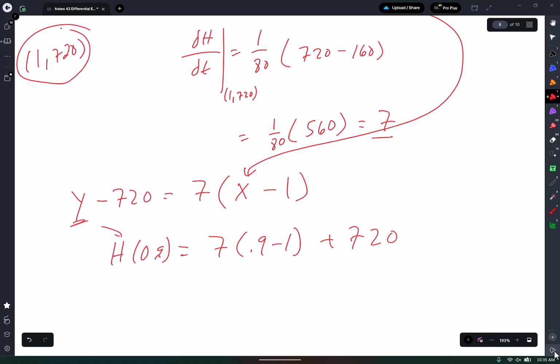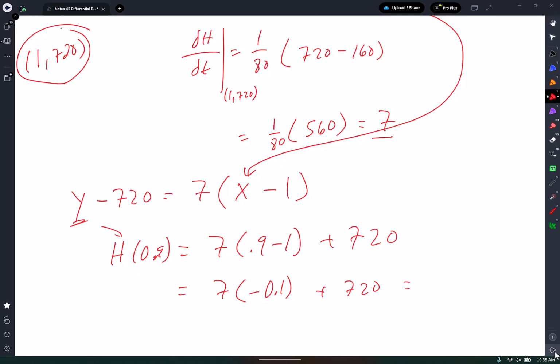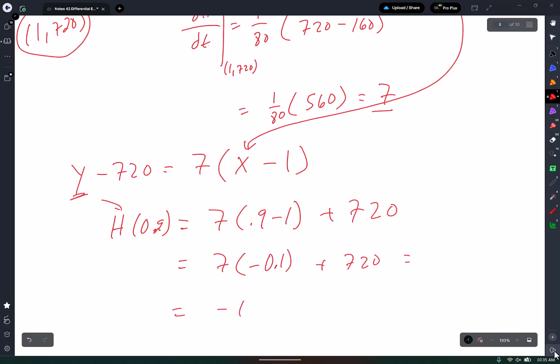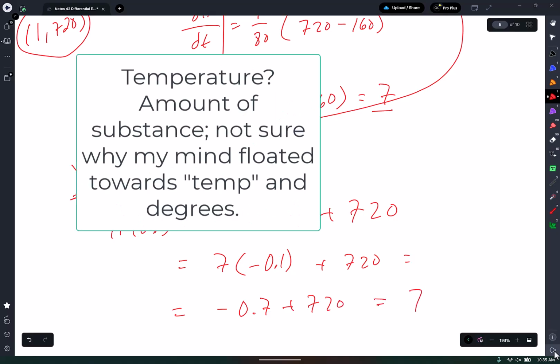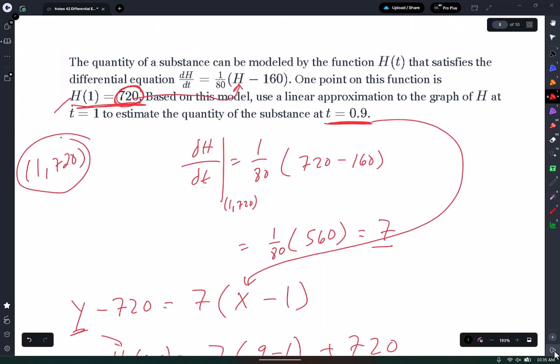Let's see, 0.9 minus 1, what is that? Negative 0.1, right? Plus 720. And then 7 times negative 0.1, that's negative 0.7 plus 720. So my approximate value is 719.3.